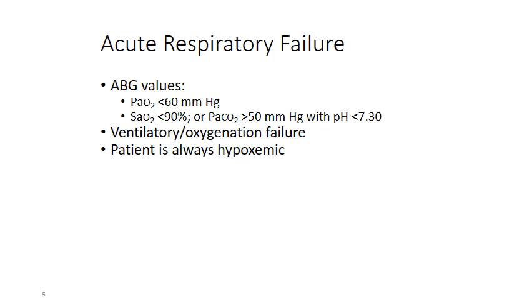So they look like they have a severe respiratory acidosis with hypoxia. So that, by definition, would be acute respiratory failure: pH of less than 7.3, PaCO2 of greater than 50, and a PaO2 of less than 60. And a PaO2 of less than 60 translates to an SpO2, so a finger probe, of less than 90.